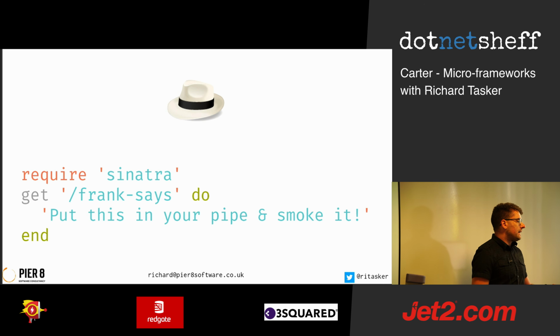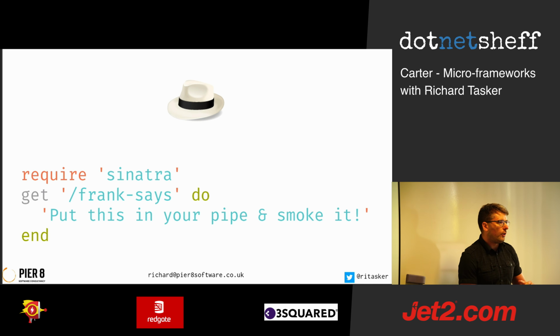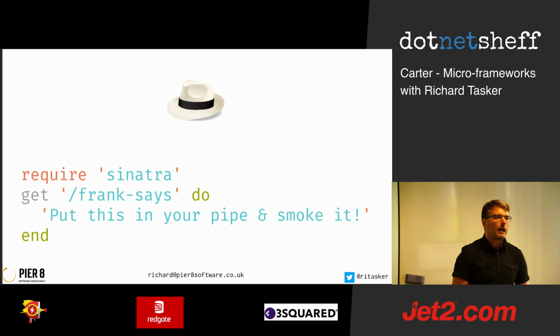Sinatra is a very light framework, or even a library, that sits on top of the Rack interface, which again is a minimalist library that sits on top of your different server implementations. This is all written in Ruby. I did Ruby a long time ago. It's again in my distant past.